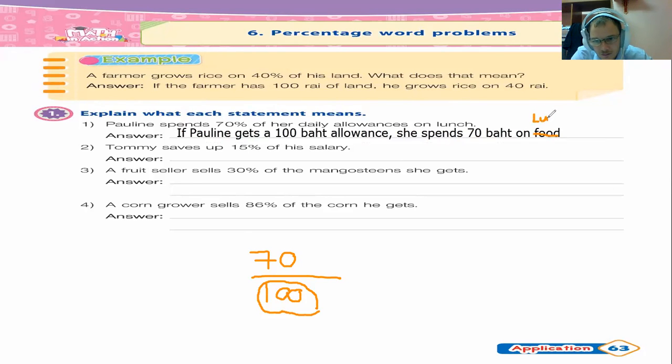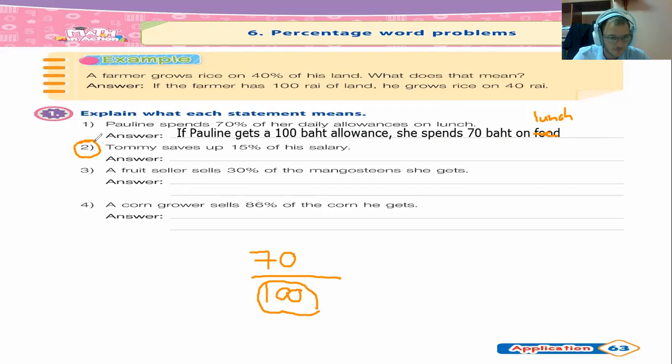It's lunch. Spend 70% of her allowance on lunch. Okay. So if Pauline gets 100 baht allowance, she spends 70 baht on lunch.